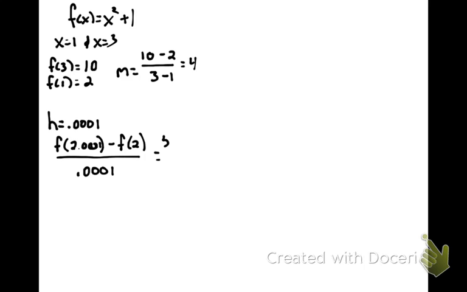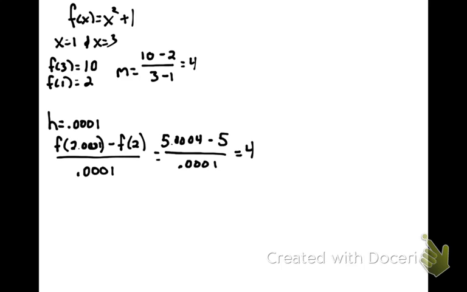And this is 5.0004, f of 2 in this case is 5, all over the distance between those 2 points, 0.0001. And when I divide that out, I get 4. So I'm going to suspect that the slope of the tangent line at the point x equals 2 is 4.